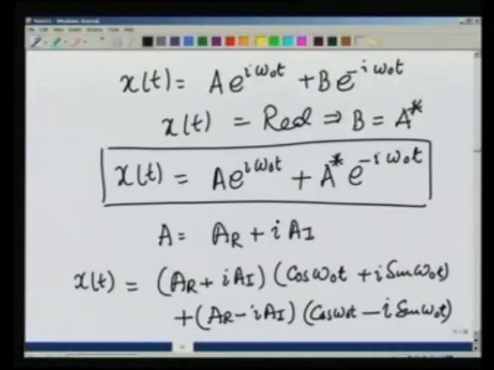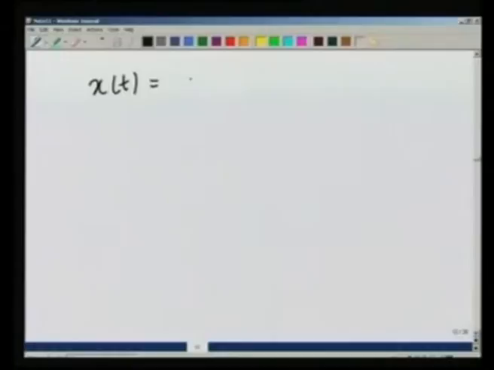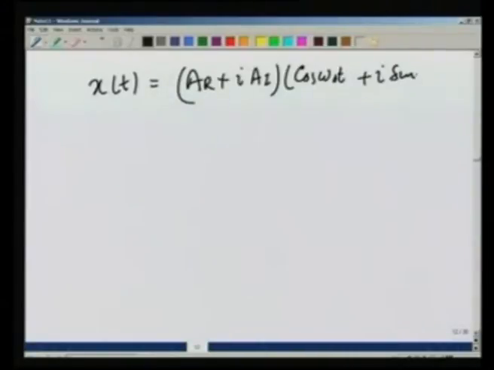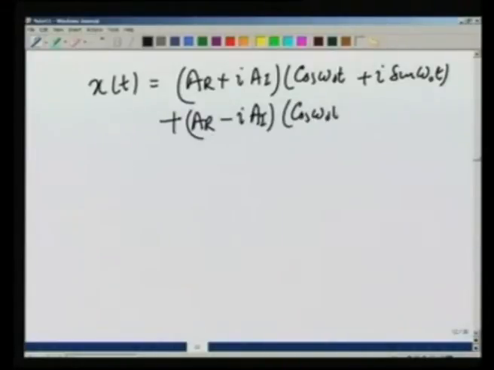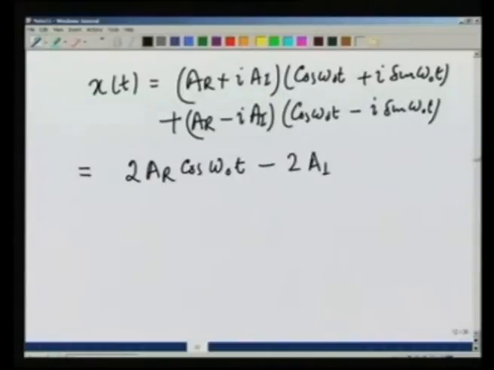When I open this up, the final solution is x(t) equal to 2 a real cosine of omega 0 t minus 2 a imaginary sine of omega 0 t.